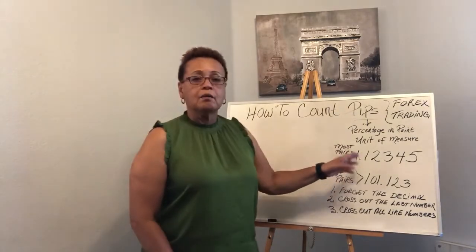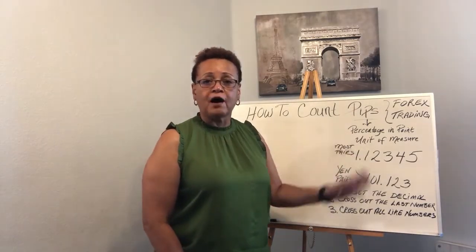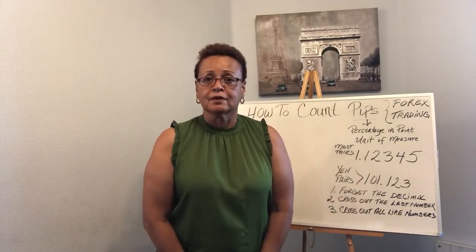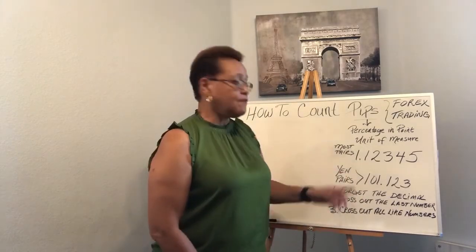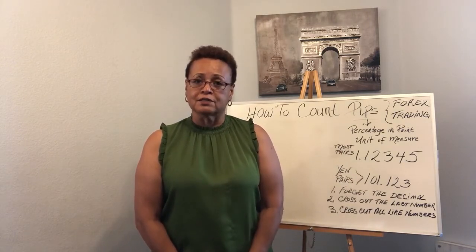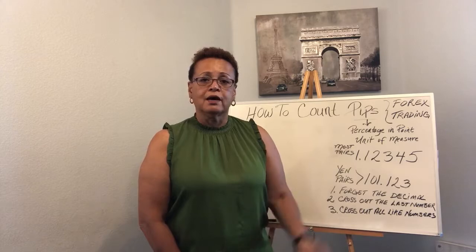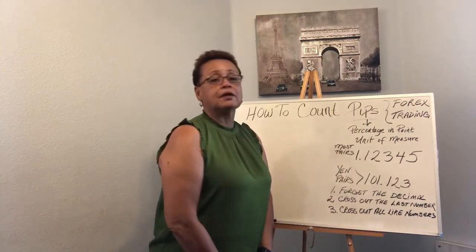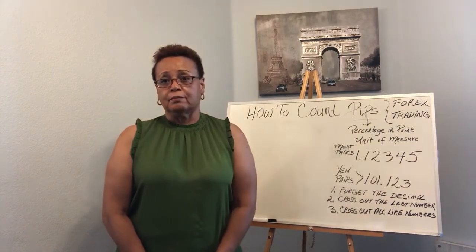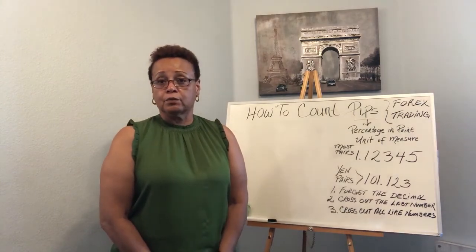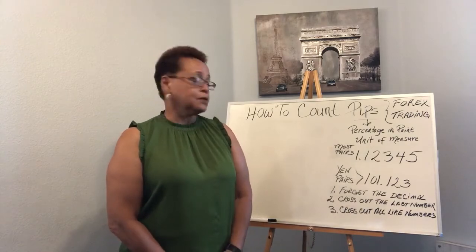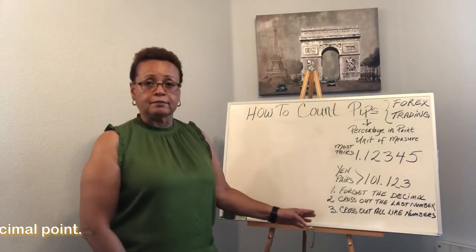Now, let's get started. Most pairs have 5 numbers behind the decimal point, except for the yen pair, which only has 3 numbers behind the decimal point. There are rules in counting pips, and you must remember them when you're counting your pips. I wrote them here for you so you can see them.